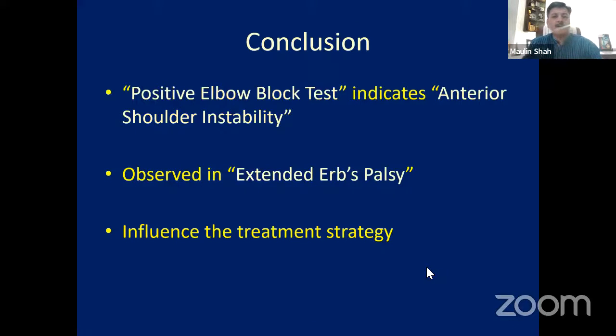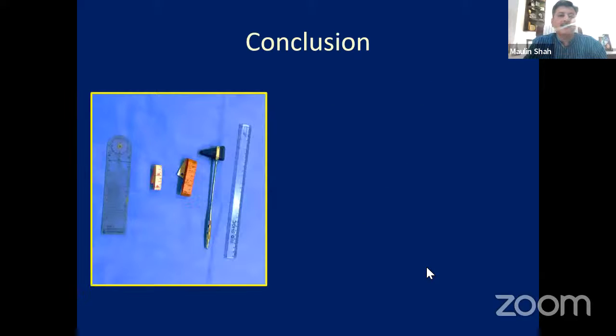So in conclusion, the positive elbow block test indicates anterior shoulder instability, which is observed in extended Erb's palsy or in predominant intermediate C7 palsy, and it influences the treatment strategy to a great extent.